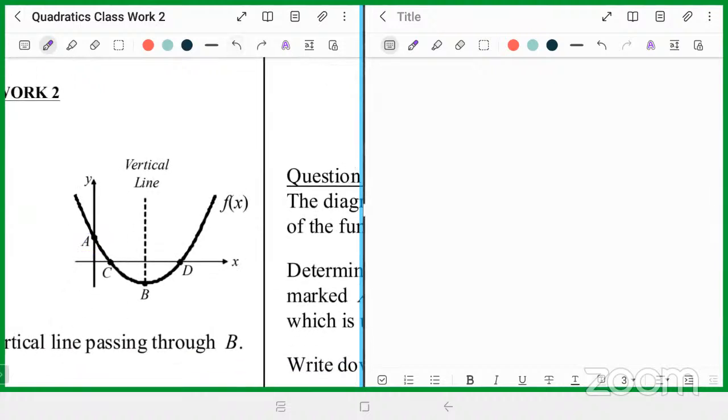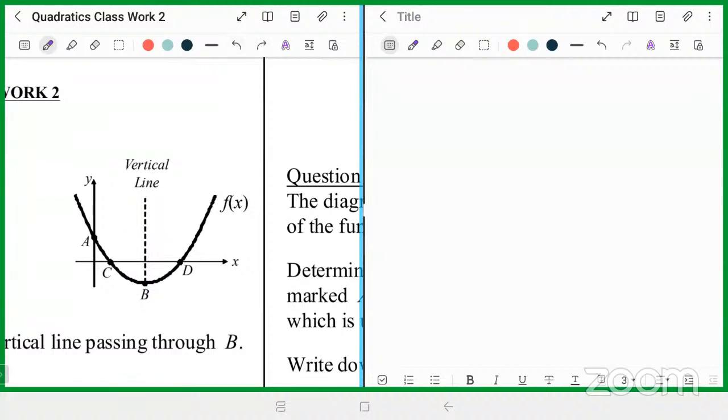We have B, which is the vertex, the turning point. We have these 2 points, which are the x-axis intercepts, or we call them the roots. And then we have this vertical line passing through that vertex point, and so we know that this is a line of symmetry.